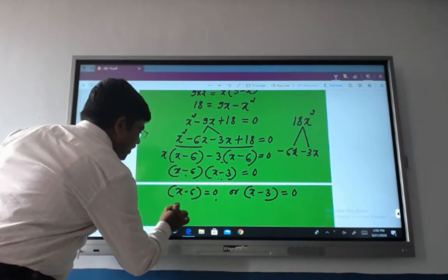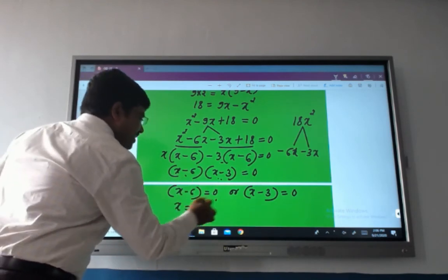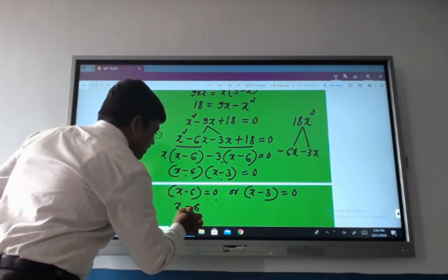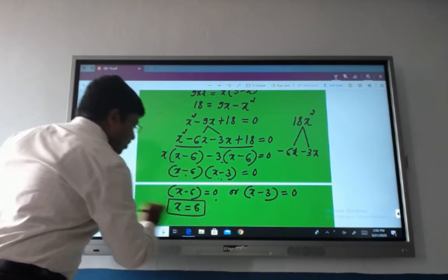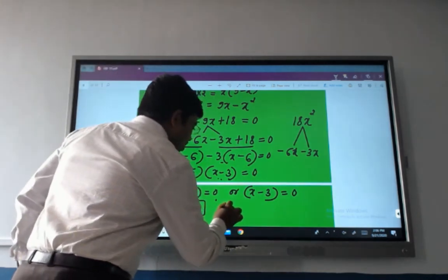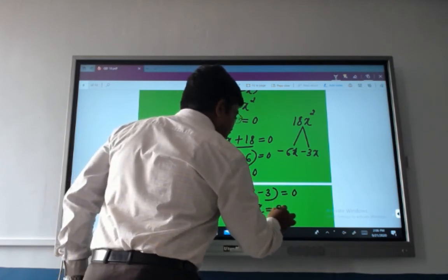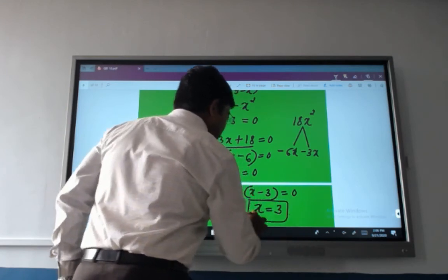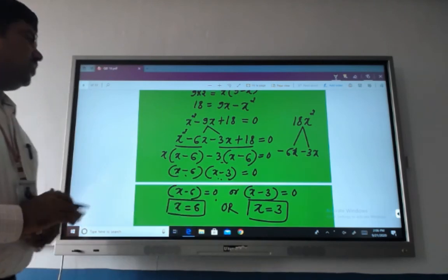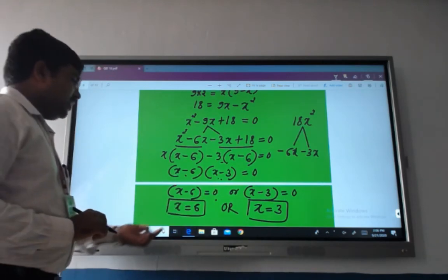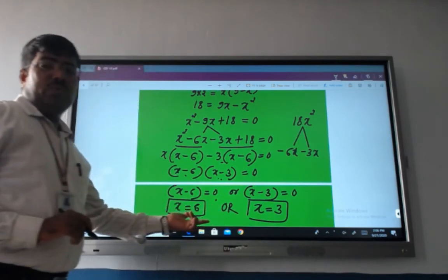Now we continue. x is equal to minus 6 becomes plus 6. This is one solution. Or x is equal to minus 3 becomes plus 3, so x is equal to 3. So we got two solutions.